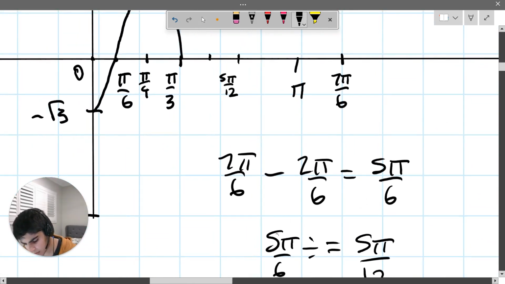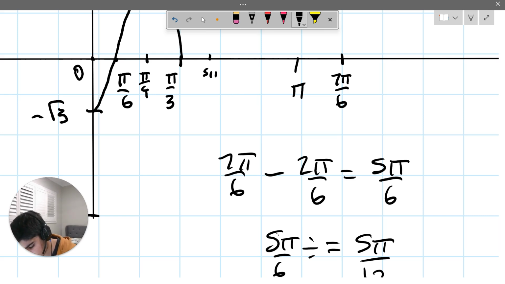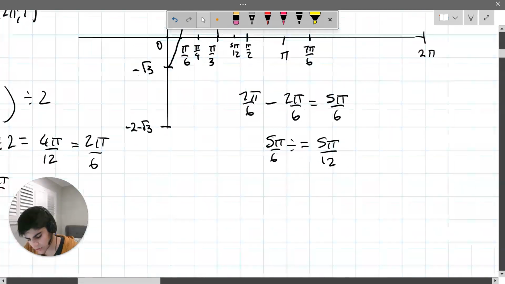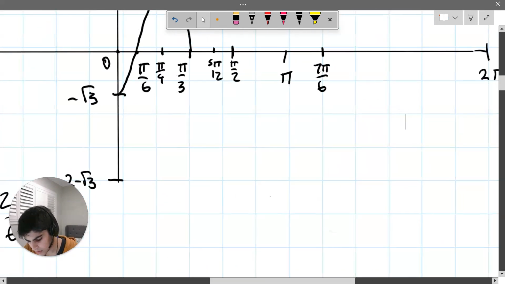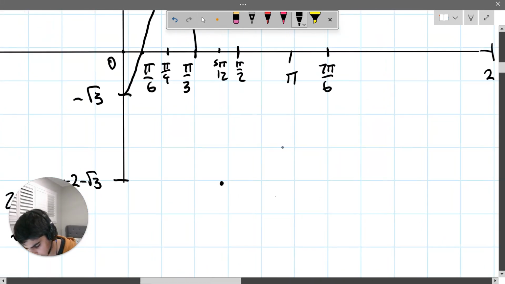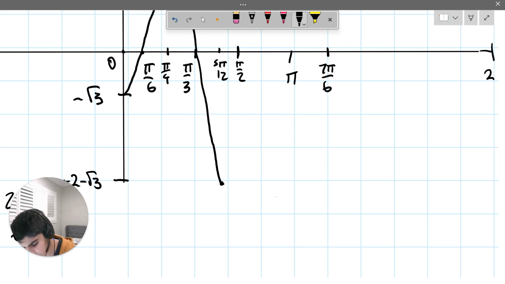5 pi on 12 is approximately pi on 2. Let's erase this and make some room. 5 pi on 12 at the minimum point, and 7 pi on 6.